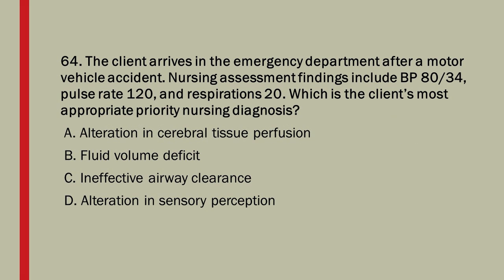64. The client arrives in the emergency department after a motor vehicle accident. Nursing assessment findings include BP 80/34, pulse rate 120, and respirations 20. Which is the client's most appropriate priority nursing diagnosis? A. Alteration in cerebral tissue perfusion. B. Fluid volume deficit.